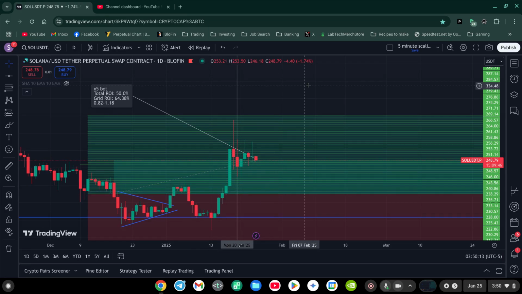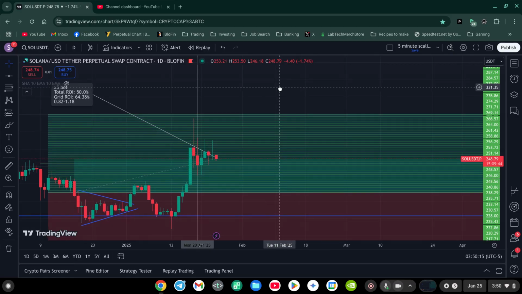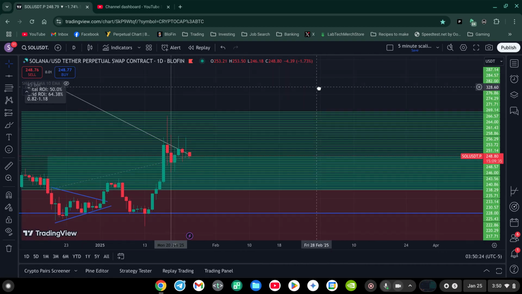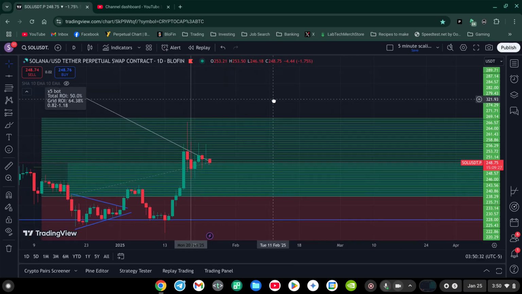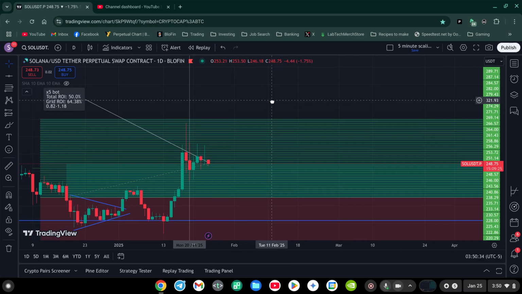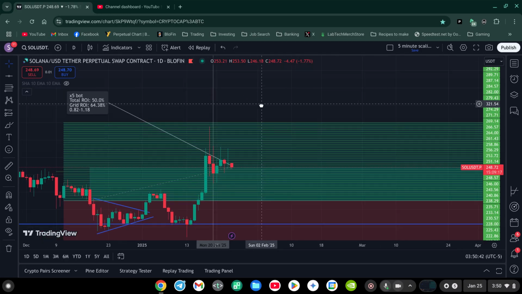I can set limits on it so that it will, at the very least, make me a little bit of money, but it could also easily continue to range for some time and continue to make me this. If I can get 65% per month, that's a rather good return for an investment. And so this would be a success, really.